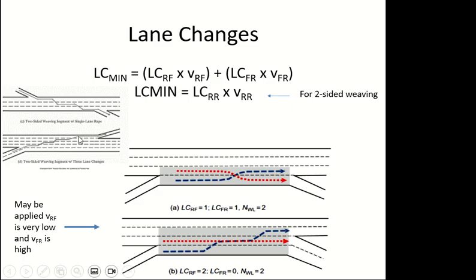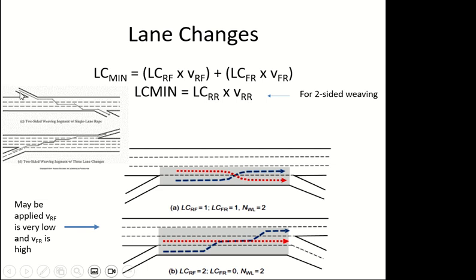So you can go from freeway to ramp from this lane, so 2 here. Then you can go from ramp to freeway with this lane with 0 lane changes, this one 0 lane changes, so you have 2 here and 2 here, so there are 4. We are talking about minimum lane changes.